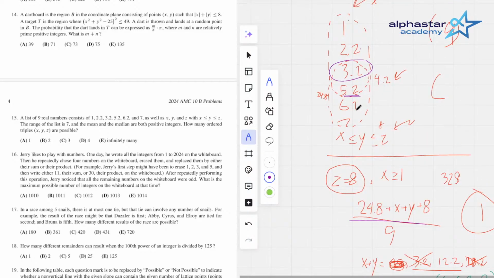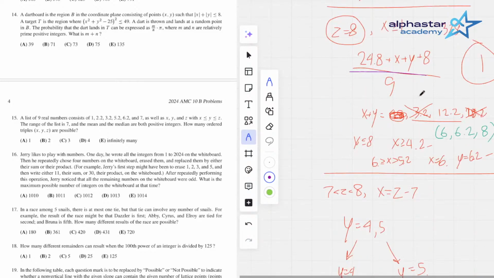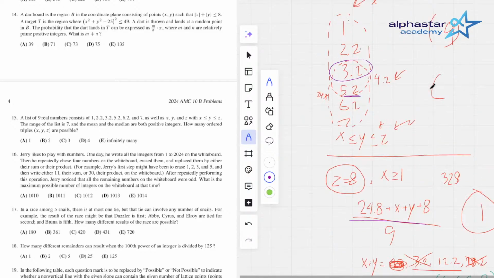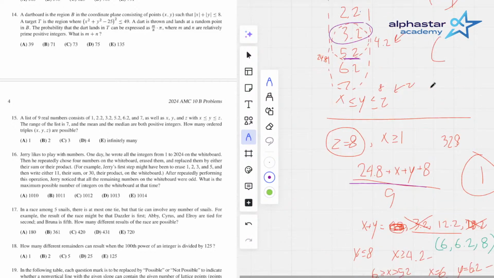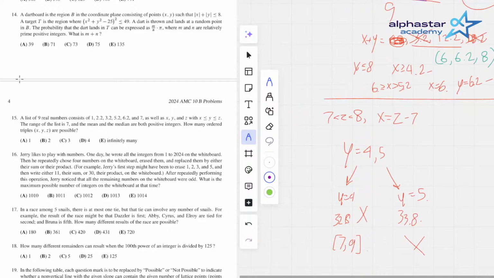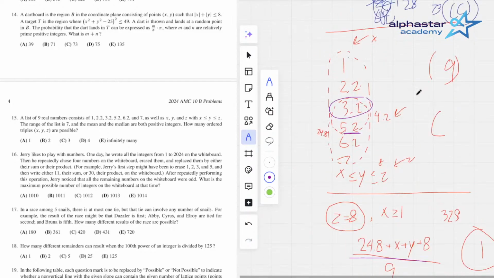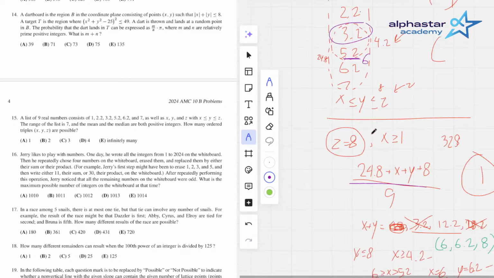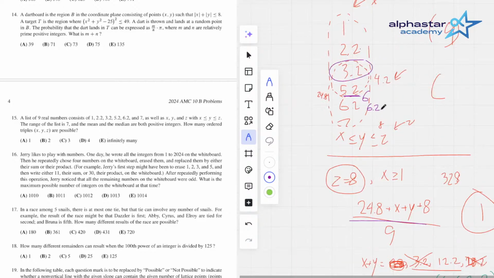If it's 7, that's not possible. 8. I just want to make sure that both of these actually work. So 6 would be here, 6.2 would be here, and 8 would be here. 1, 2, 3, 4, 5, 6, 7, 8, 9. Or sorry, 6, 7, 8, 9.